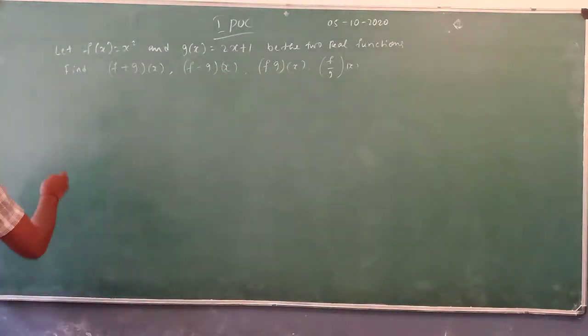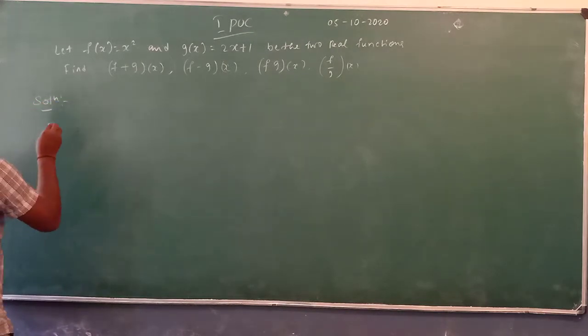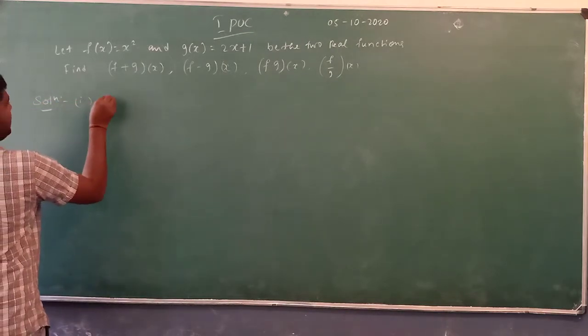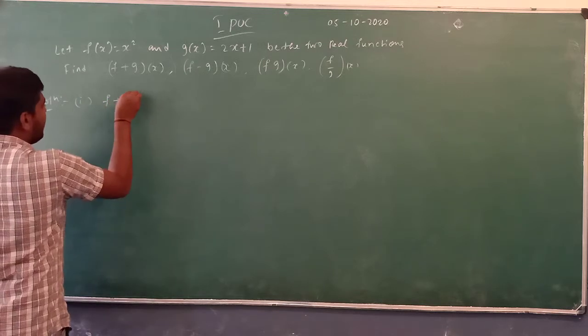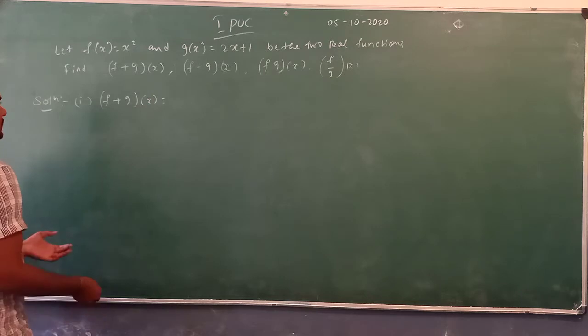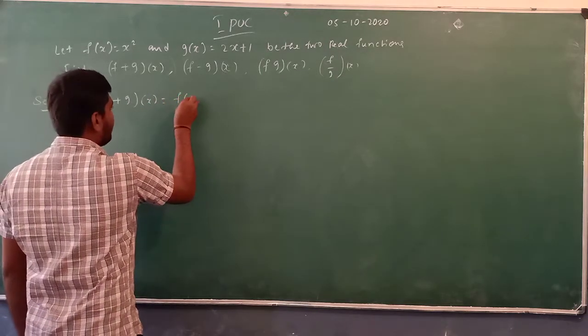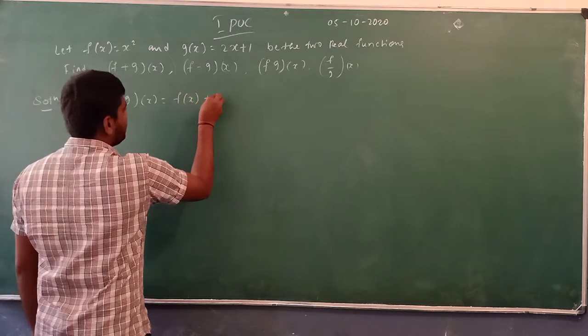So here is the solution. The first one, for (f plus g)(x), can be written as f(x) plus g(x).